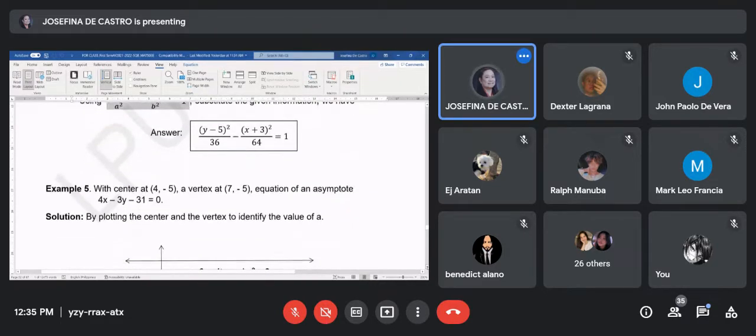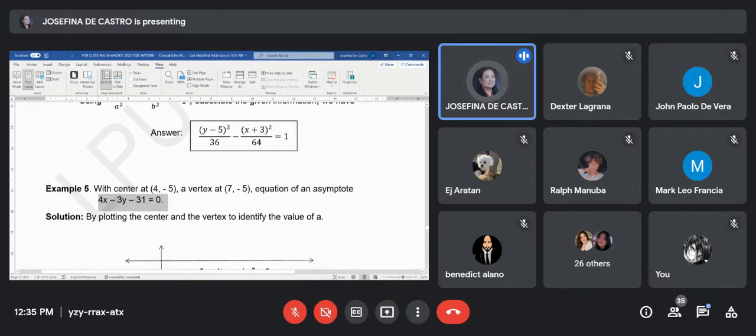Ayan. If asymptotes naman ang given niya, you can also use the asymptote to find the value of A or B. Kaya lang, i-convert mo pa siya sa Y is equal to MX plus B, solving for Y. So dito, center natin 4, negative 5.